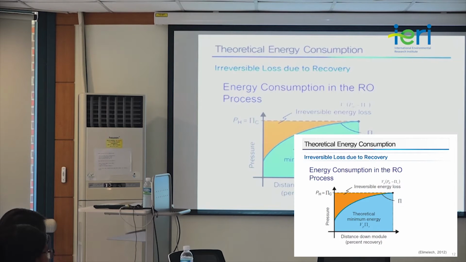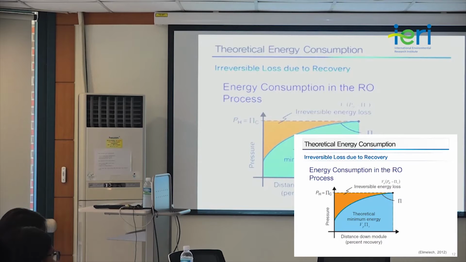And what's happening here is, if you just have a graph of the salt concentration in the solution passing through this membrane module, initially we have this salt concentration, which is the same as the feed concentration. But since we continuously take out fresh water from this water, the salt concentration will increase in this direction.